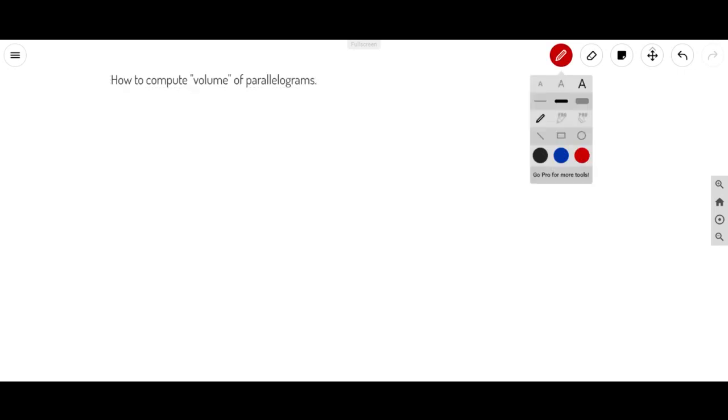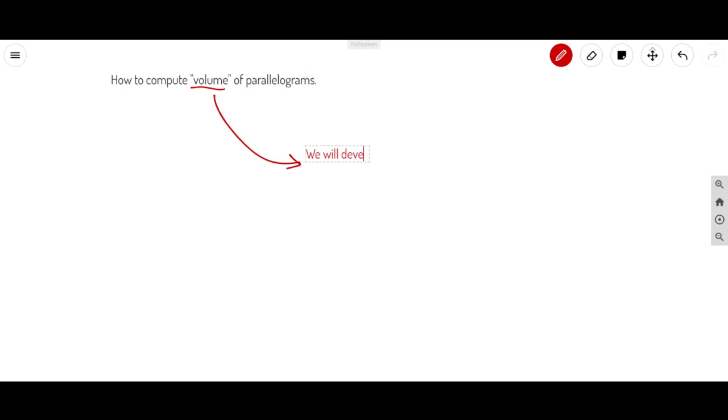I put the word volume in quotation marks because we will develop techniques that will enable us to compute volume in an arbitrary number of dimensions.